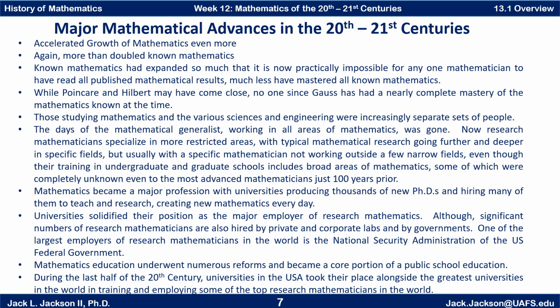The U.S. starts producing some of the best mathematicians in the world in our universities as well. Not saying that they've dominated the world, but they took their place along with everyone else. The U.S. is now a destination spot for many foreign students who want to study mathematics here.